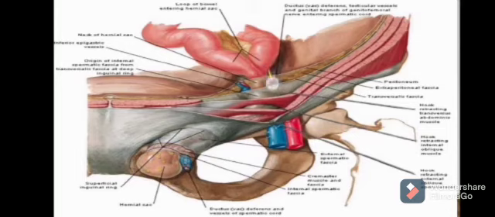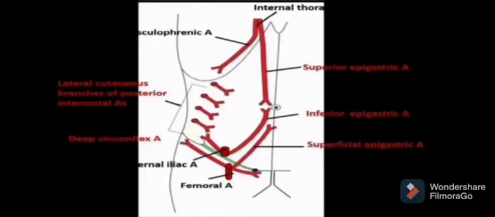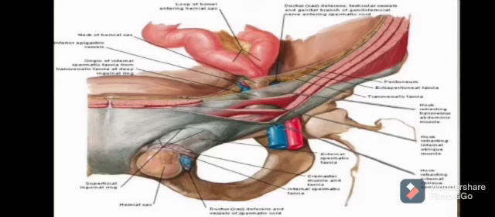So this is not coming directly out of superficial ring or the anterior abdominal wall, but it is following the course of the inguinal canal and the spermatic cord. So this one is the indirect hernia. Direct hernia would come straight out of here.